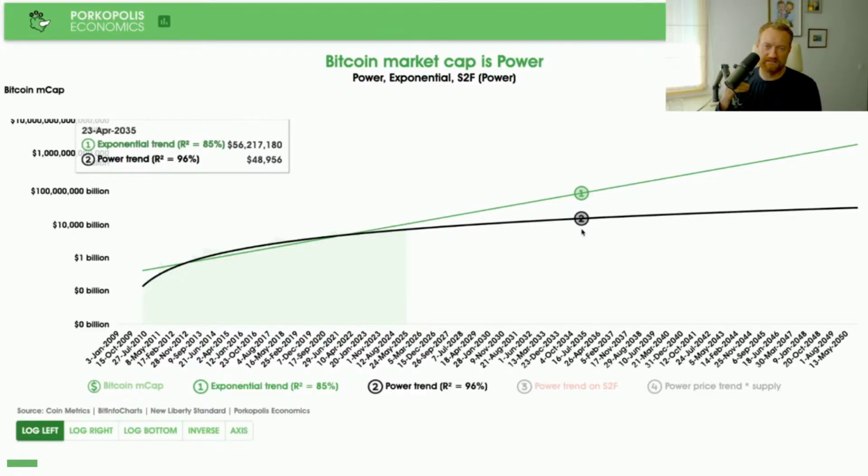Even the gold market today, a 6 millennia old asset as far as written history goes, or some sort of records, let's say, of trade in the marketplace, only has a $20 trillion market cap at the moment.